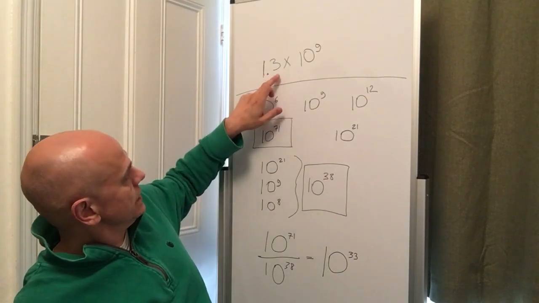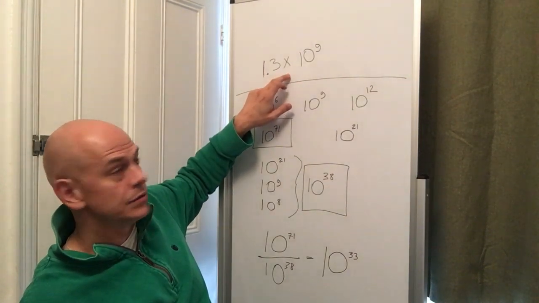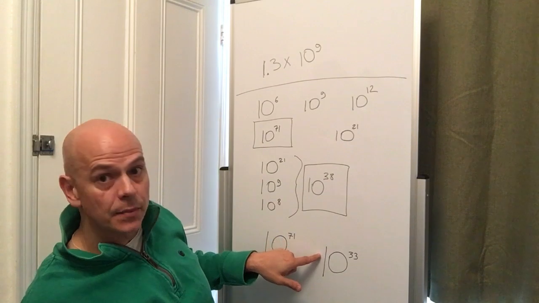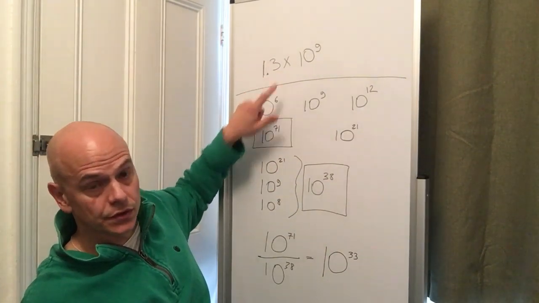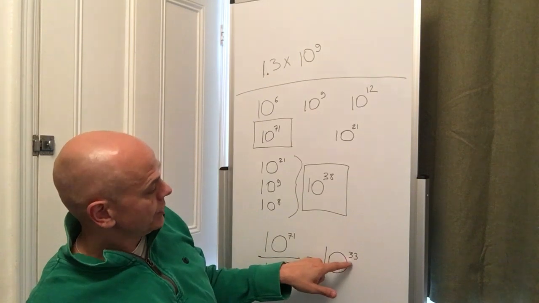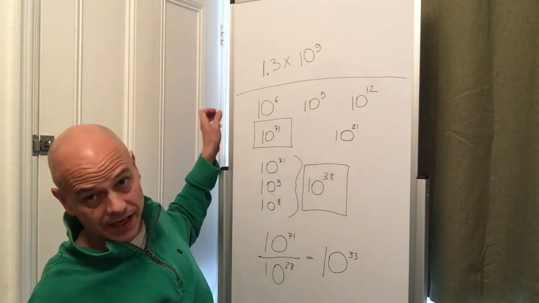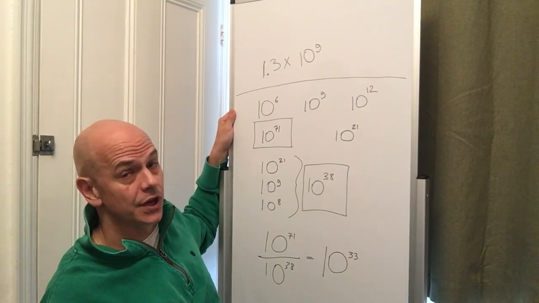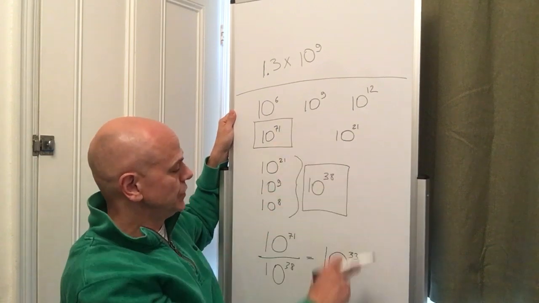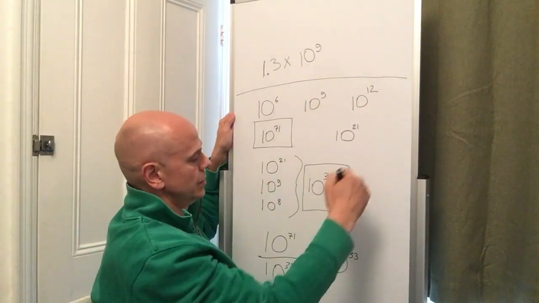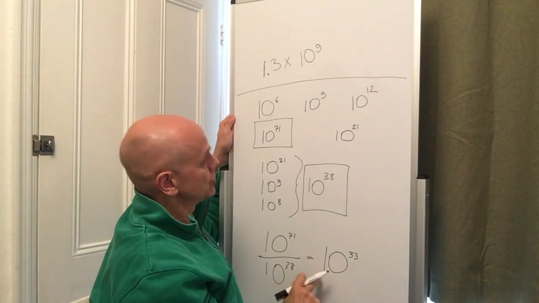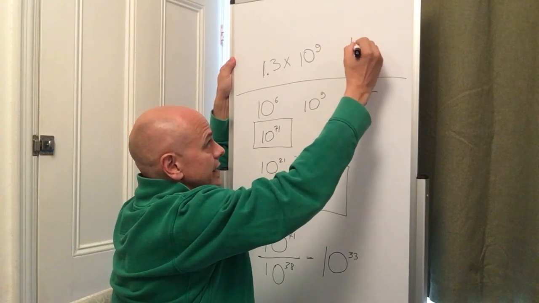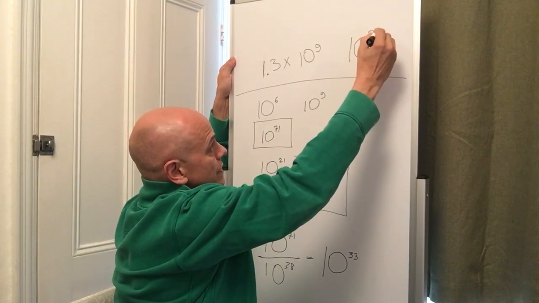That means that this number is far, far bigger than the age of the universe, and not by 1 or 2 times, not by 33 minus 9 times. It's not bigger than the age of the universe by 24 times. No. Remember, you've got to subtract. So how many ages of the universe are you going to get into this number? It's going to be 10 to the power of 24.